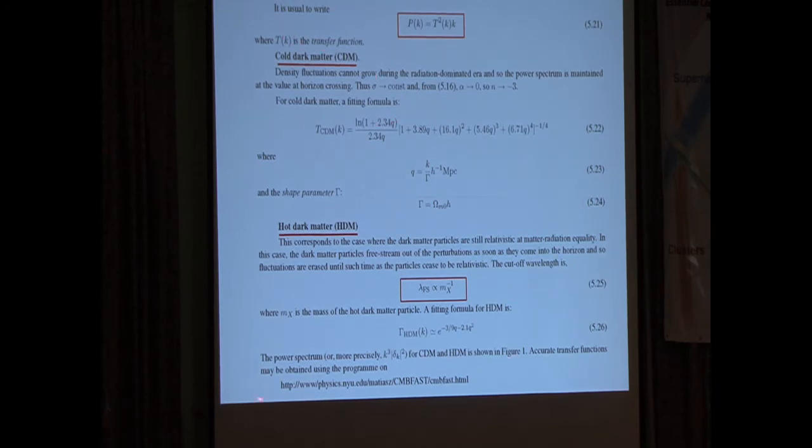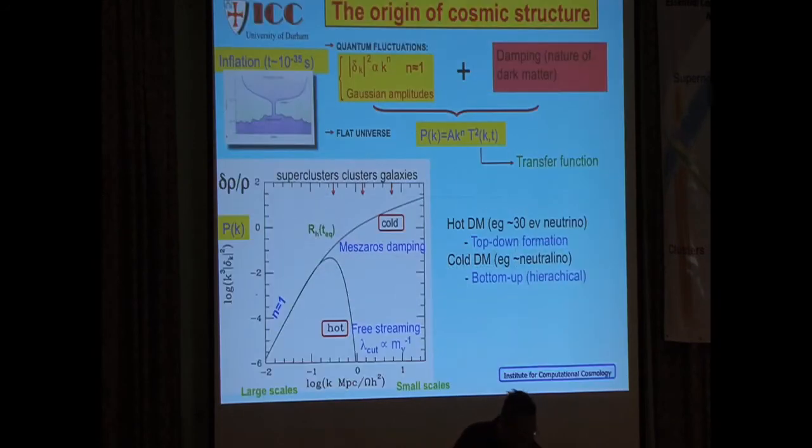And for the students in the audience, you can download a very important piece of code that has had an enormous effect in the field, called CMBFAST, written by Matias Zaldarriaga and Uroš Seljak, which solves the Boltzmann equation that Chung-Pei Ma was talking about yesterday, and incorporates all this physics and allows you to compute in detail the transfer functions for any mixture you wish of cold dark matter, hot dark matter, and radiation. So here's the summary of what I said so far.